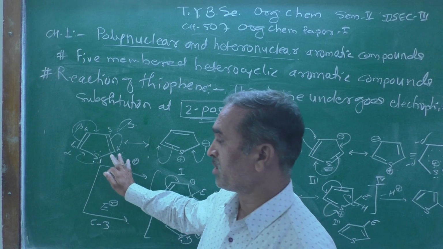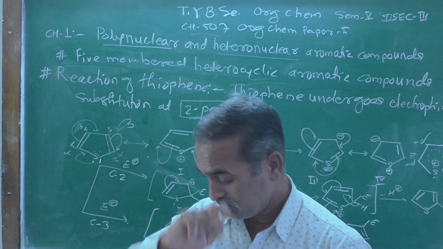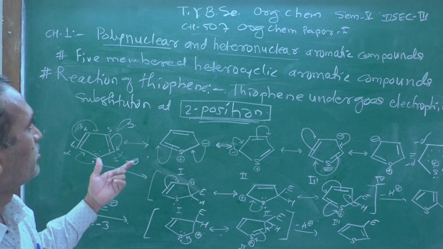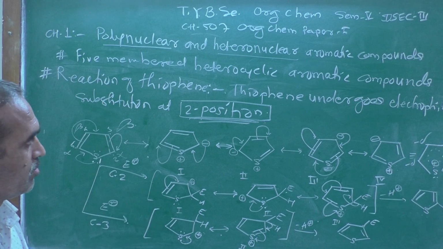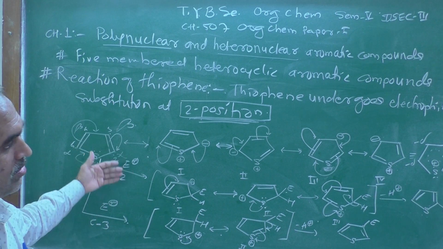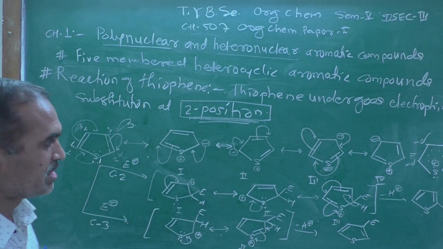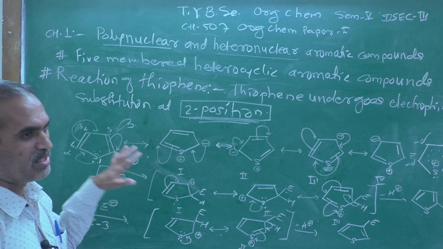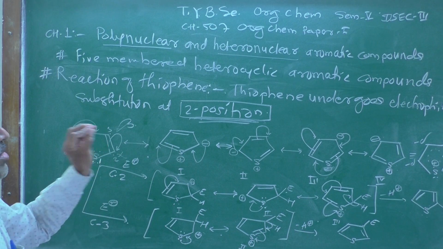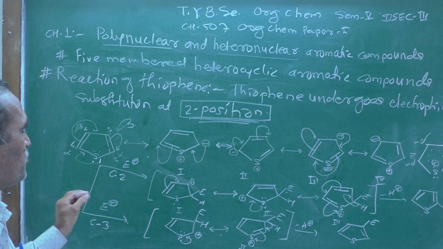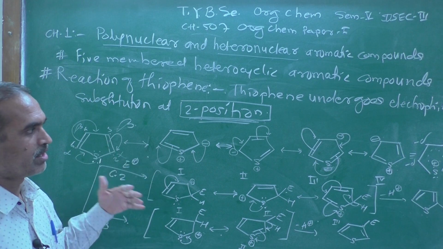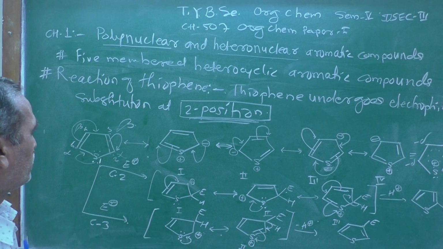Here, just remember why thiophene has a more aromatic character than the others, and why it undergoes electrophilic substitution at the 2 position. If you give this explanation, it is a basic explanation of why thiophene undergoes electrophilic substitution reactions. It holds for all the heterocyclic compounds we have considered.